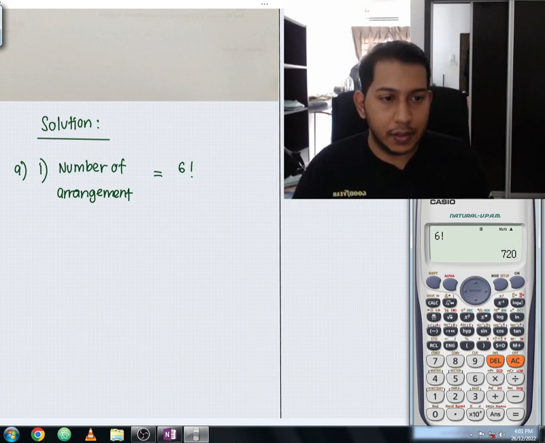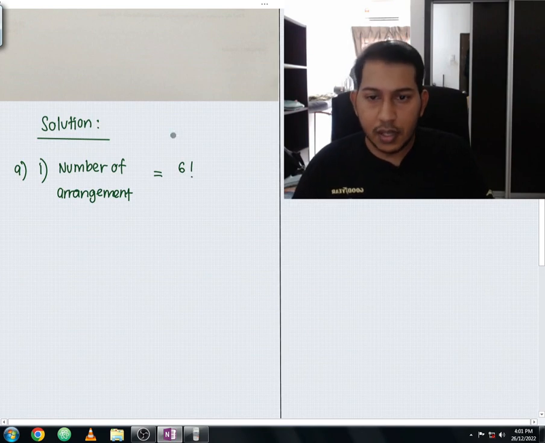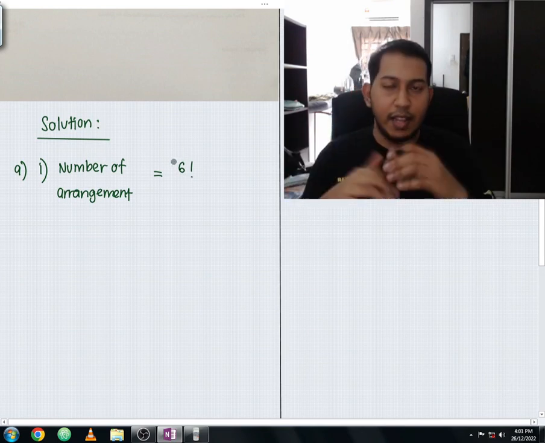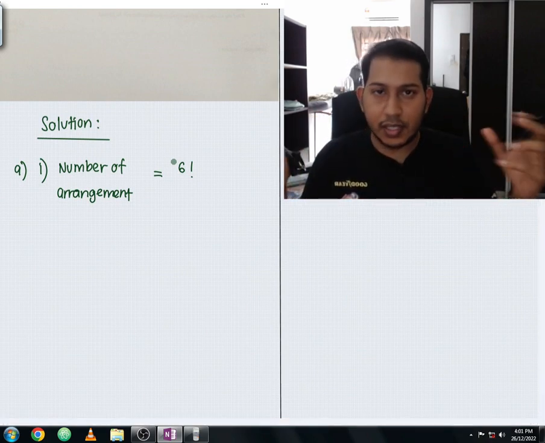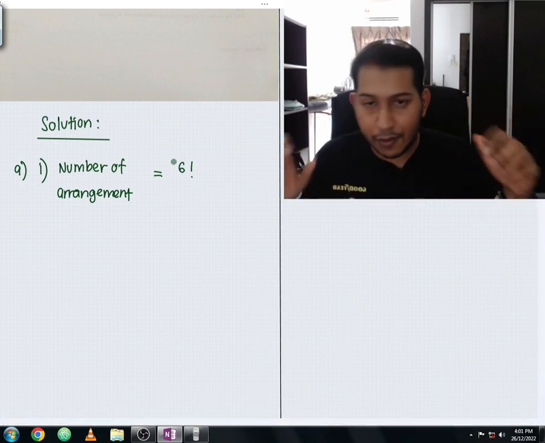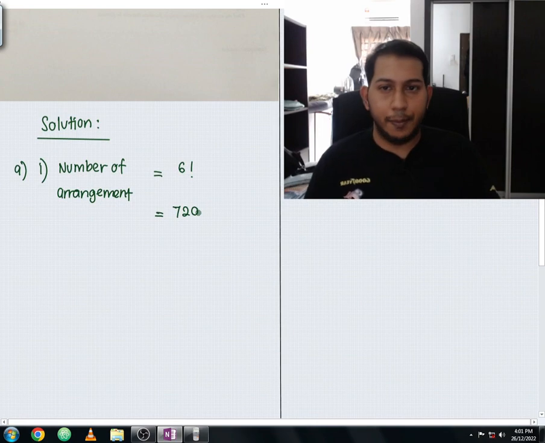Simple as that, guys. Since there's no constraint, it's very straightforward. So from 6 cards we can form 720 possible arrangements. The number of arrangements is 720.